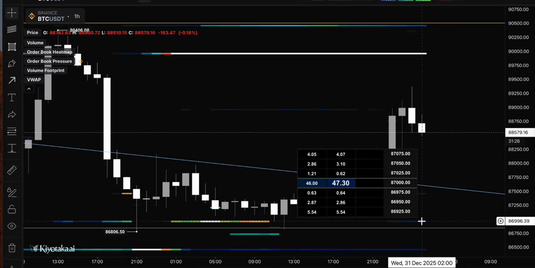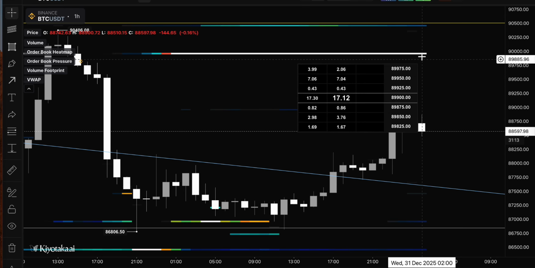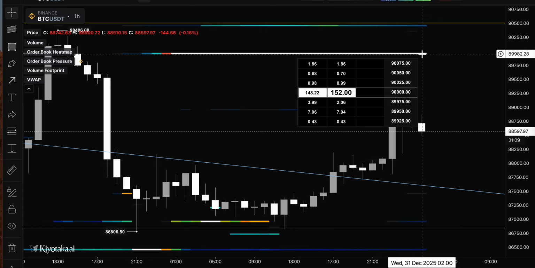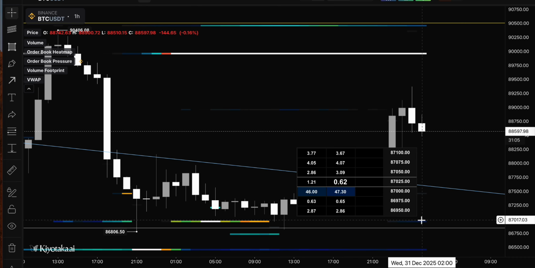Could be an iceberg, 47, and if the price approaches, it's going to attract a lot more bids. And same here, maybe something will pop up when price approaches. Could be a spoof, or could be a sell wall, or a buy wall below, right?